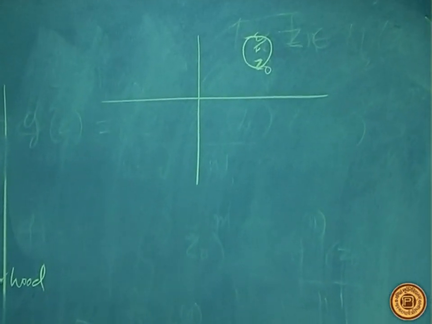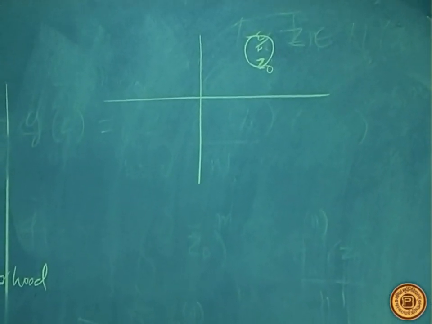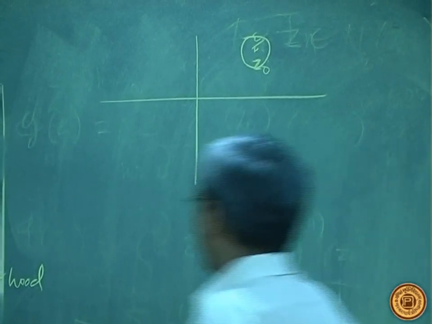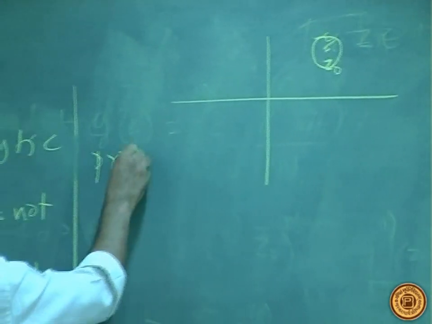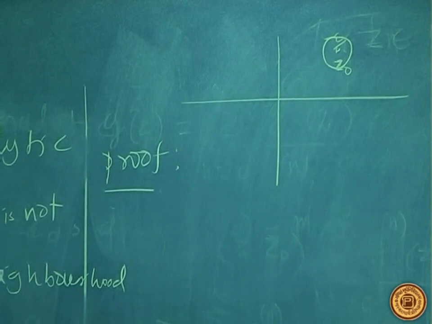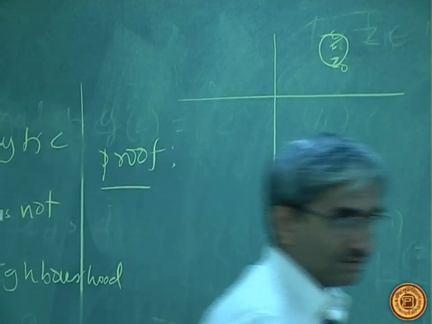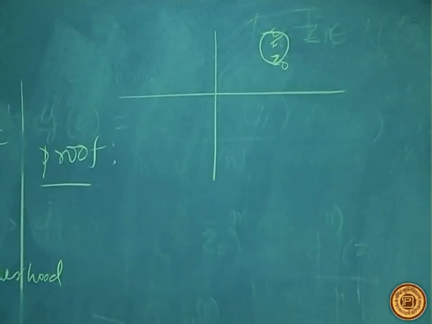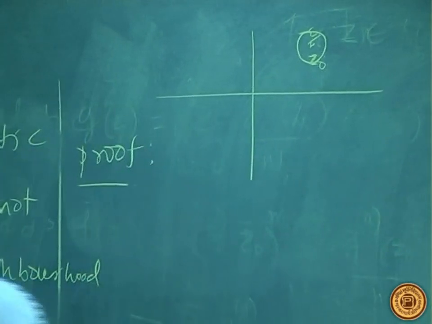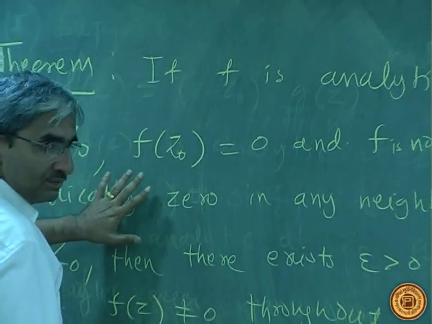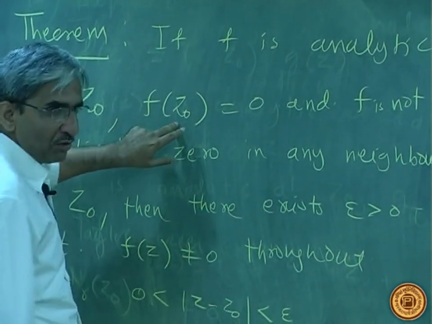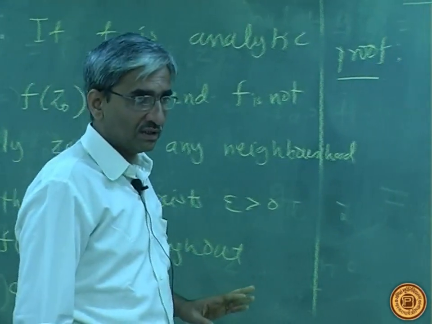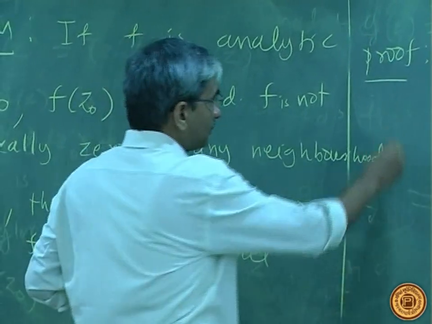The proof of this is very simple actually, almost just one line, once you use the factorization theorem proved before this. So what was that theorem? If f is analytic at z naught and f(z naught) is 0, this zero may be of order m.